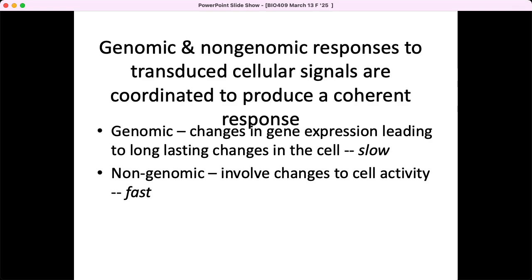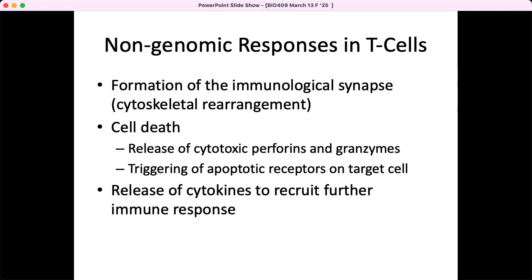Your body dumps epinephrine, which produces a bunch of systemic level changes in your body that all kind of make sense and work together. And that's going to be true with cells as well, right? The cells have responses that are coherent.